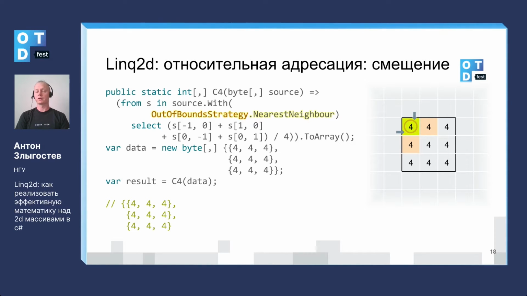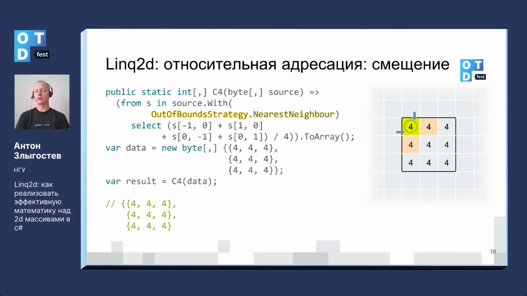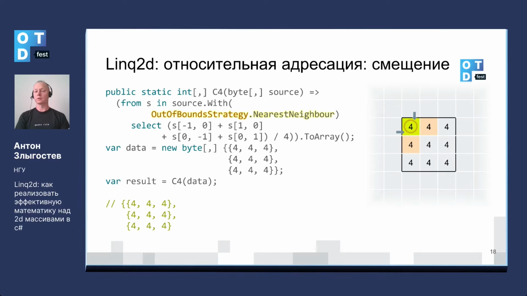And this method width takes either a constant or a strategy. It's quite a complicated thing that allows to flexibly define the reaction for leaving the boundaries of the array.